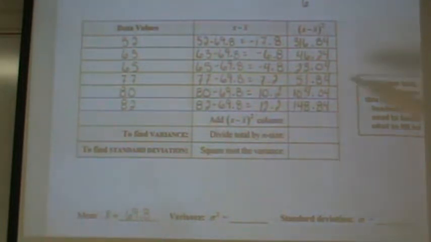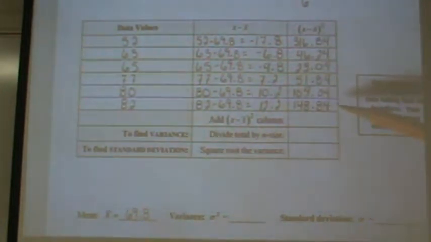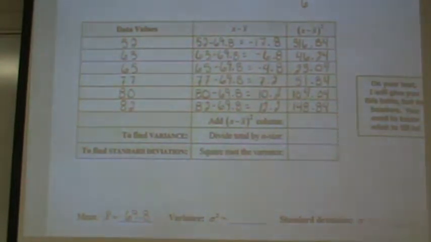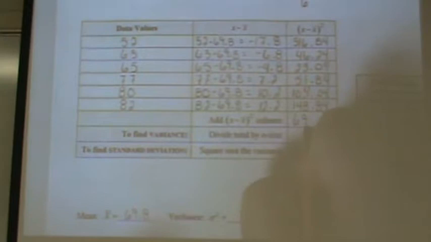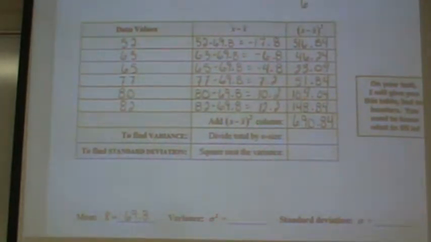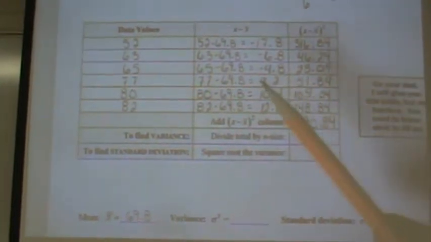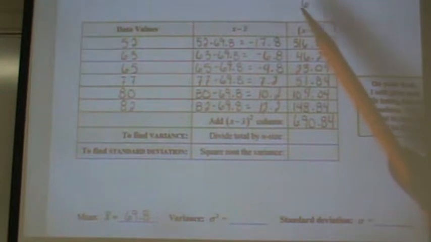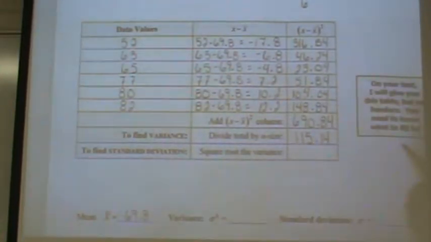So then we want to add up this last column, our third column. And we get 690.84 when we add up our squared column. And then to get our variance, we're going to divide by the number of data points we had, and we had 6 data points. So 690.84 divided by 6 gives us 115.14.